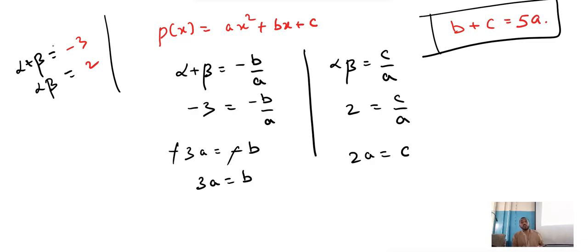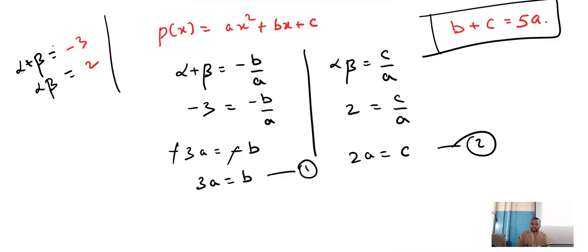Now look at the LHS and RHS, what we have to prove. B and C should come on one side and A should come on the other side. Now can we add equation 1 and equation 2? Shall we make this condition equation 1 and this condition equation 2? Shall we add LHS with LHS, RHS with RHS?